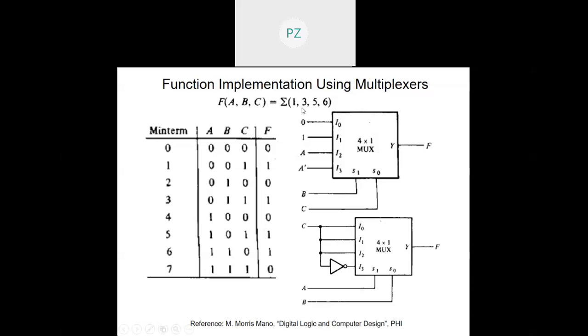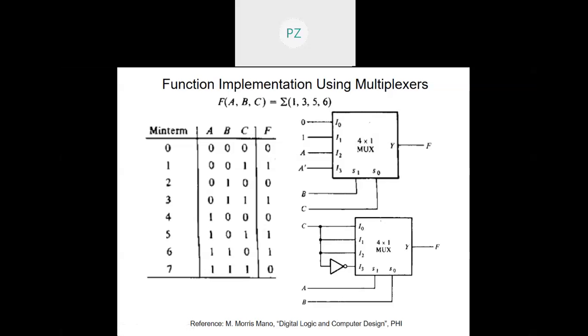Secondly, just as in the case of a decoder, here also you will have to put the function in canonical sum of product form necessarily, because you have the AND-OR scheme inside the multiplexer. So it should necessarily be a canonical sum of product form of the function to be implemented by a multiplexer.